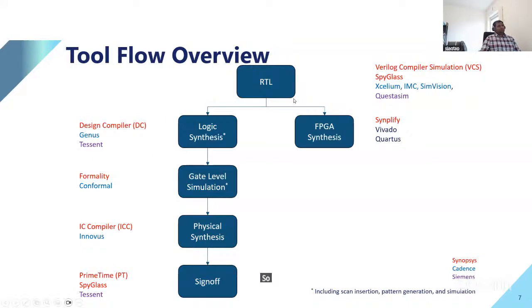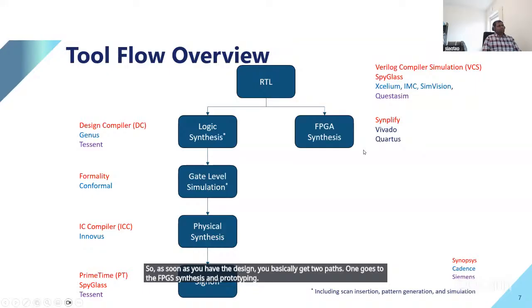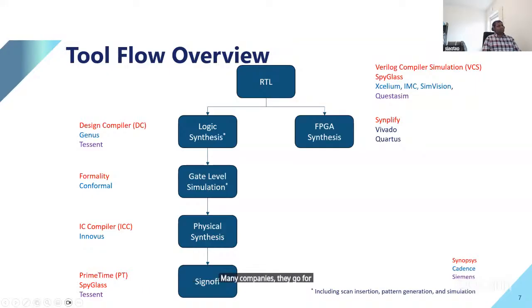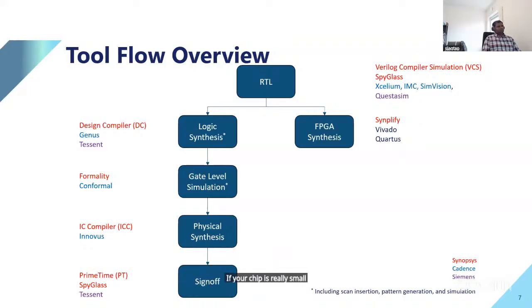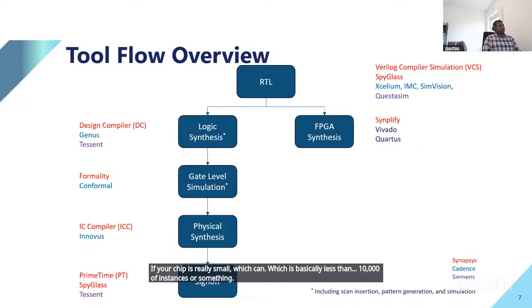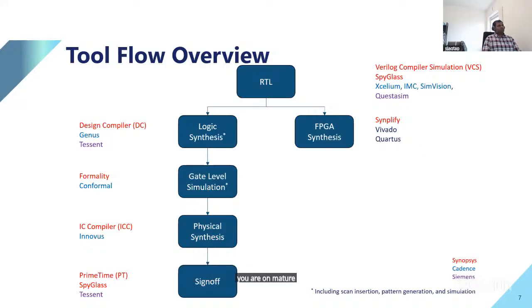So as soon as you have the design, you basically get two paths. One goes to FPGA synthesis and prototyping. Many companies go for FPGA synthesis and prototyping for early software development. But if your chip is really small, which is basically less than 10,000 instances or so, and you're on a mature process, you know what silicon process you're using, then probably people cut this corner.